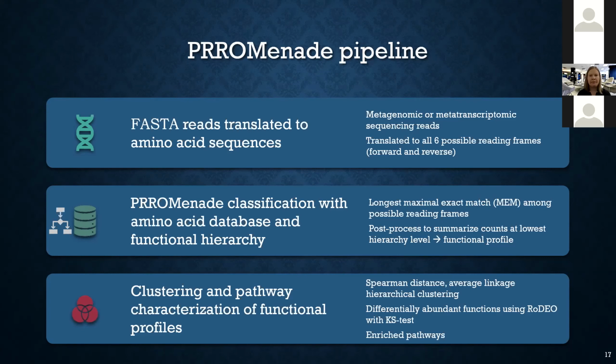And we get the assignment for each read, and then as a post-processing, we summarize the counts at a fixed level, such as when people look at the genus or species level annotations. Here we can look at different levels of the functional taxonomy. And then finally, we investigated these functional profiles by clustering and looking at the differentially abundant functions and enriched pathways between 2 different conditions.